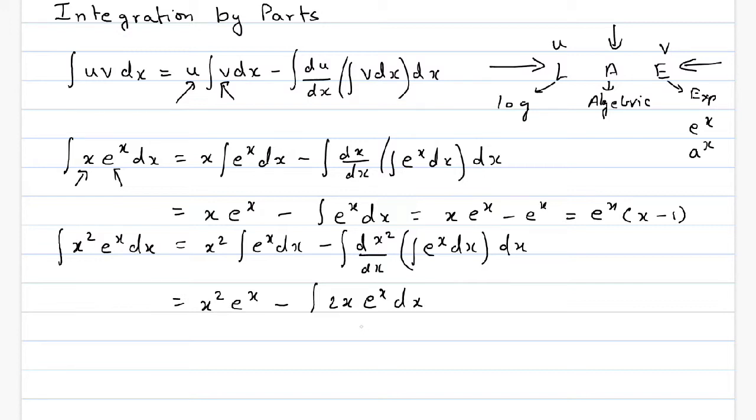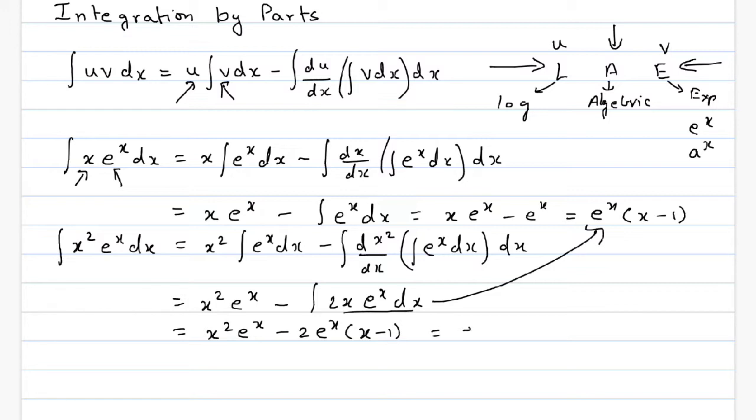Now this term again has the integration of x e raised to x. If I take 2 outside, I get again the integration of x e raised to x dx. Because we have just solved this, I can directly use that answer, and we get x square e raised to x minus 2 times e raised to x into (x minus 1).